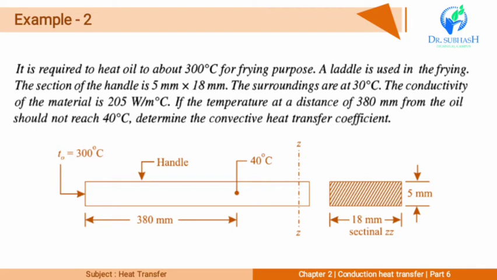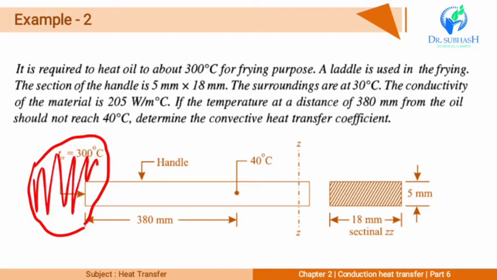So here in the given figure, the handle of the ladle is shown. Suppose the oil is at a temperature of 300 degrees centigrade. So we are considering the base temperature of this ladle as a fin, that is T0 equal to 300 degrees centigrade.